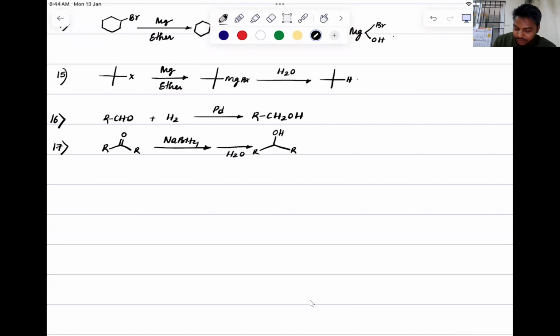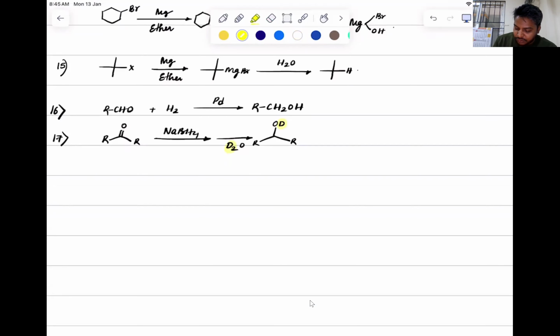Now, instead of water, I would just twist it, although in NCERT it is just given water. Imagine if it is D2O. So please mention that deuterium here. This is where the deuterium will come. Remember, the water's role is only on that O minus. Carbon would only take hydride H minus from BH4.